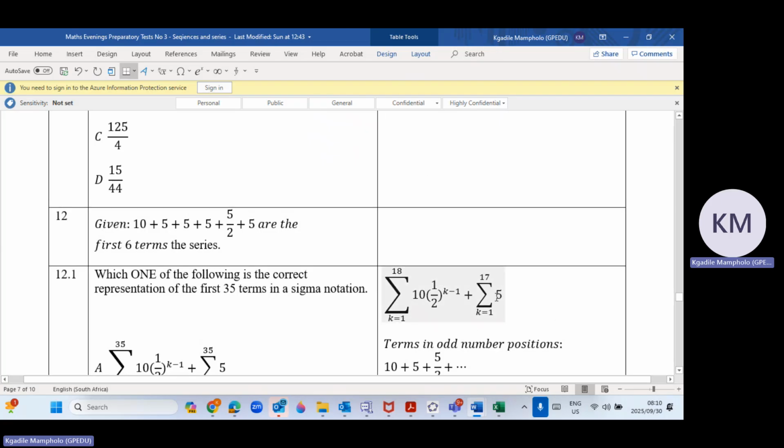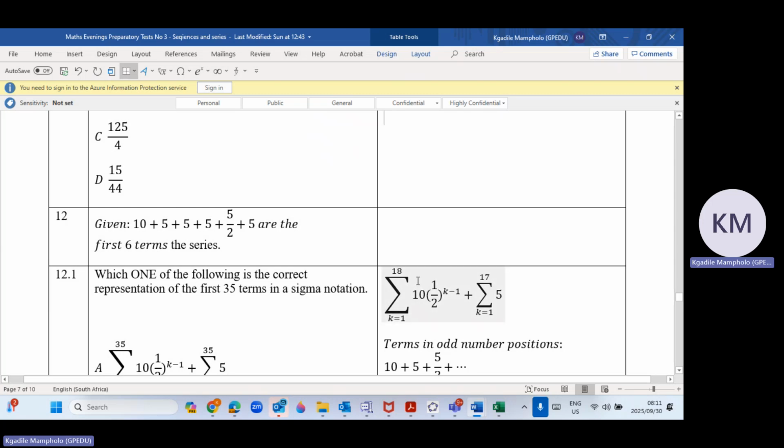Remember, if we say 35 terms, out of these 35 terms, we have only 17 even positions, but odd positions we have 18. Remember, the geometric sequence is in odd number positions, and the odd positions out of 35 are 18.